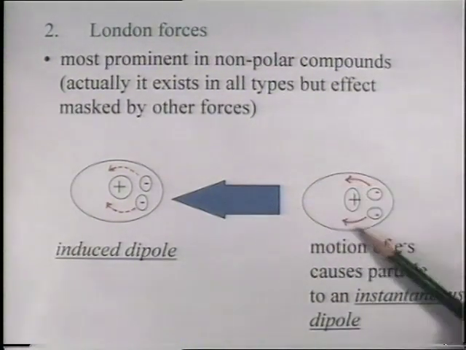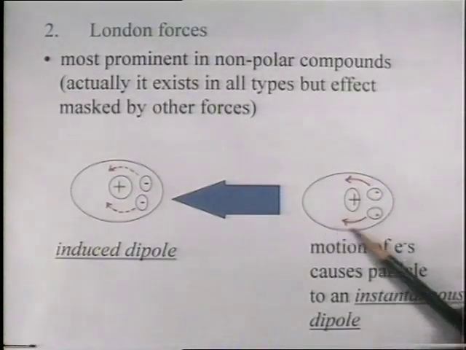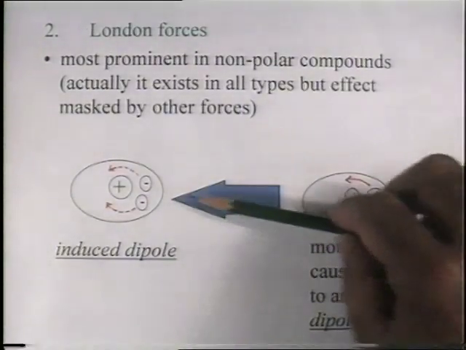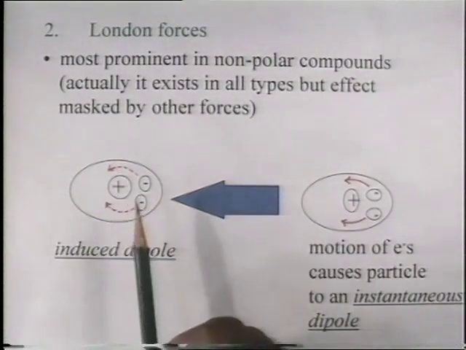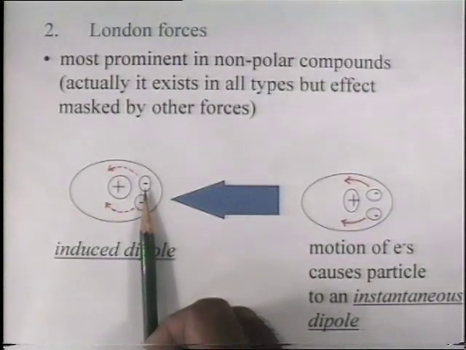If we picture this atom here moving across, approaching another atom, and this atom has, for instance, at that particular moment, electrons on this side or this end.